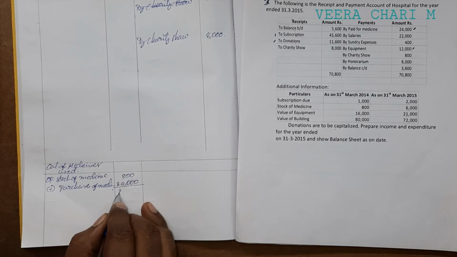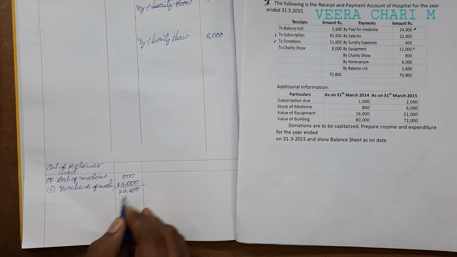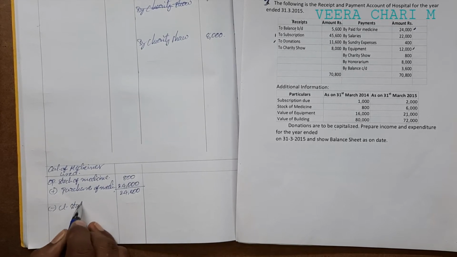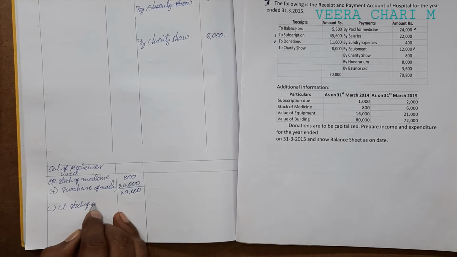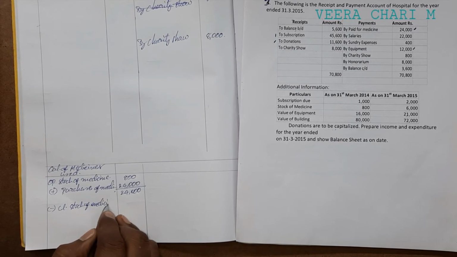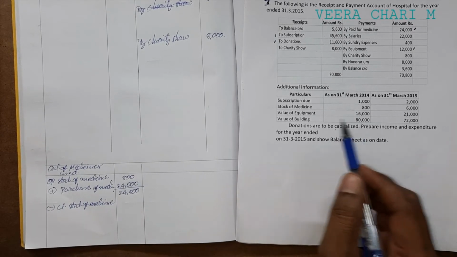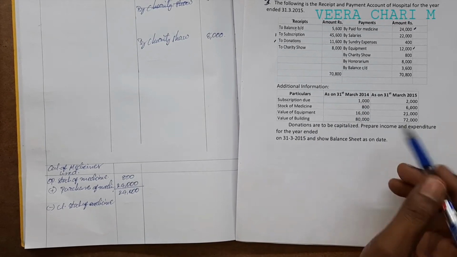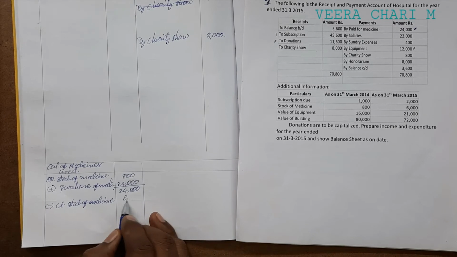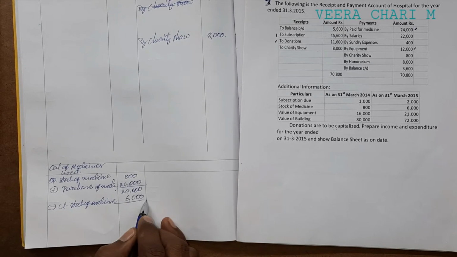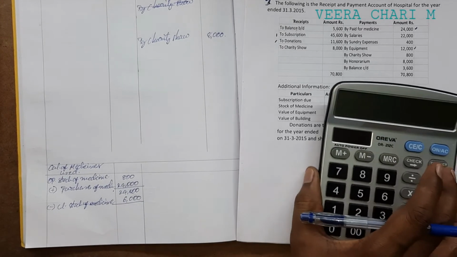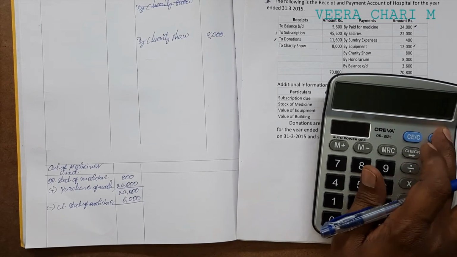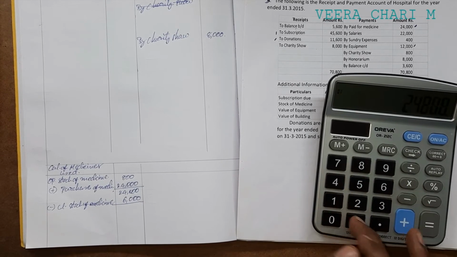The total amount is 24,800. Now less closing stock of medicines. The closing stock of medicine at the end of the year is 6,000 rupees. So deduct that 6,000: 24,800 minus 6,000.